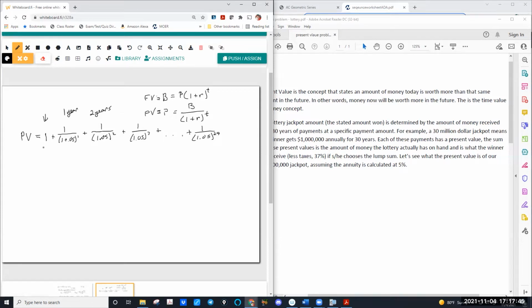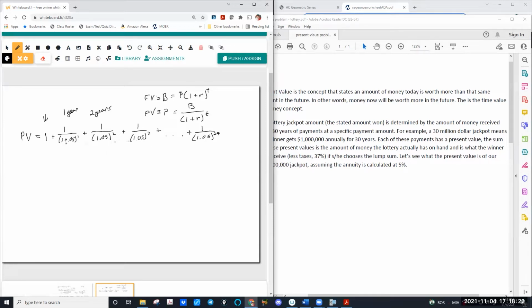Because if we count from 0 up to 29, that's 30 numbers, just like counting from 1 to 30 is 30 numbers. So what we're doing is taking the present value of each of the winner's payments and adding them up, because that gives us the present value now. The present value is the sum of these numbers. Remember, the nominal amount of the award is $30 million.